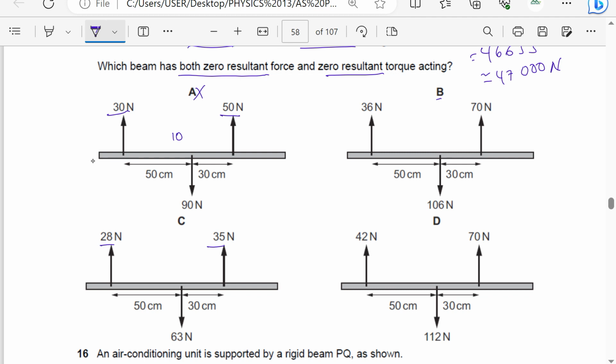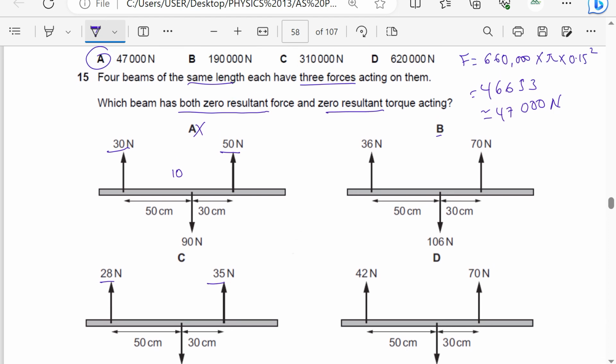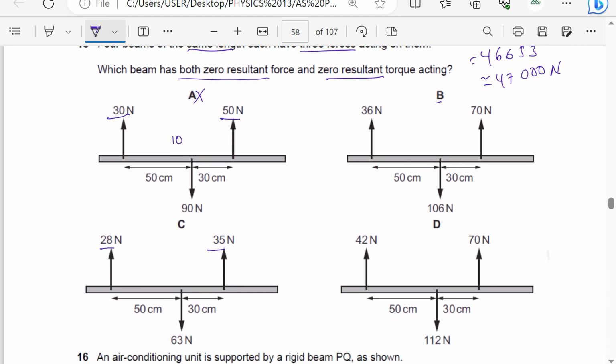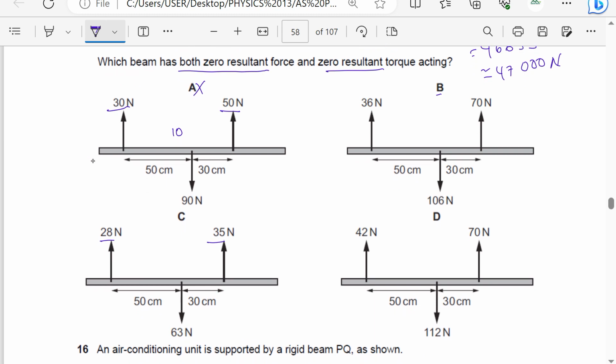Now let's check the resultant torque. We want the resultant torque to be 0. If I take moments about where this is acting, this one will not have any moment.